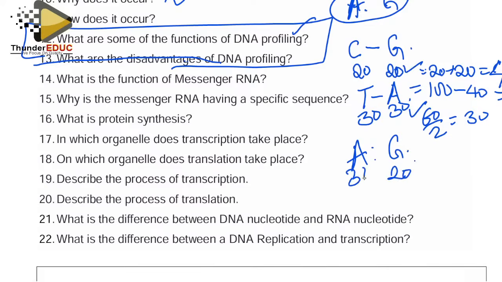Adenine here is 30. Then I make it the simplest ratio, dividing by 10, so it becomes 3 to 2. They're saying adenine to guanine, so that is the ratio.